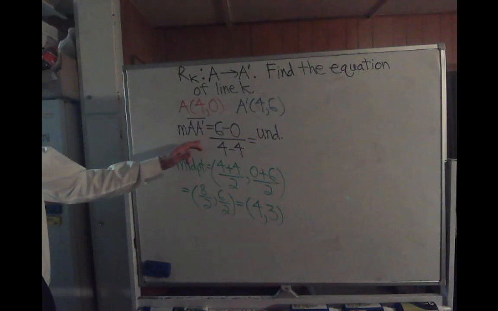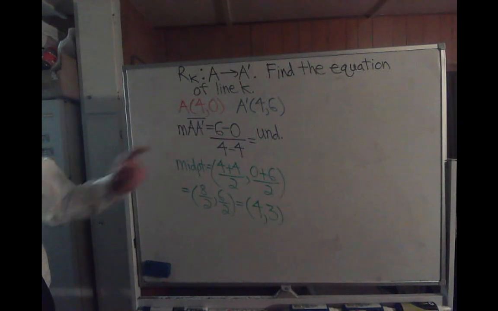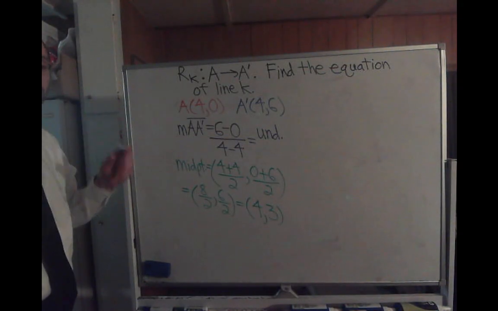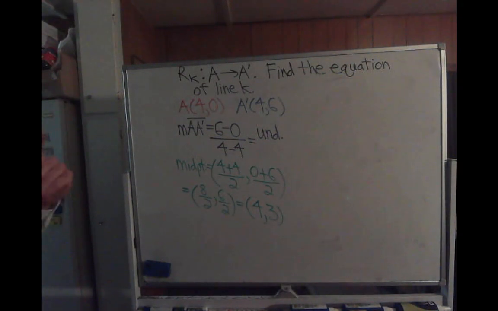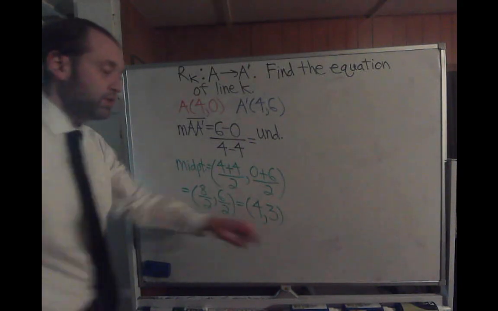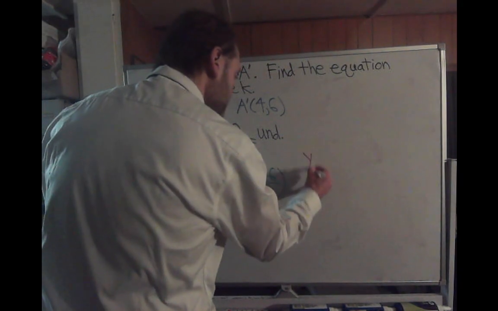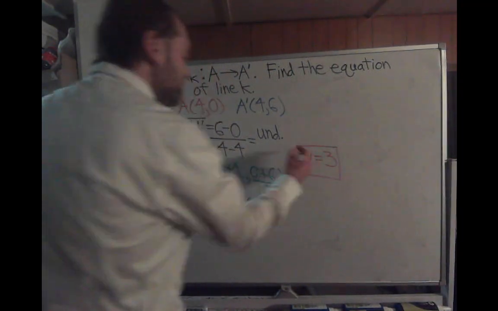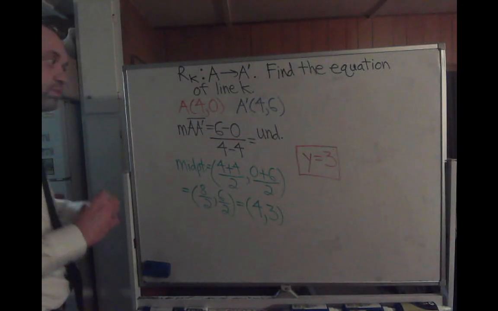If the original line is undefined, the negative reciprocal of that is 0, so you'll get a slope of 0. If you remember the HOY acronym, a horizontal line has 0 slope, y equals. So y would equal your coordinate of 3. The line of symmetry can be found at y equals 3.